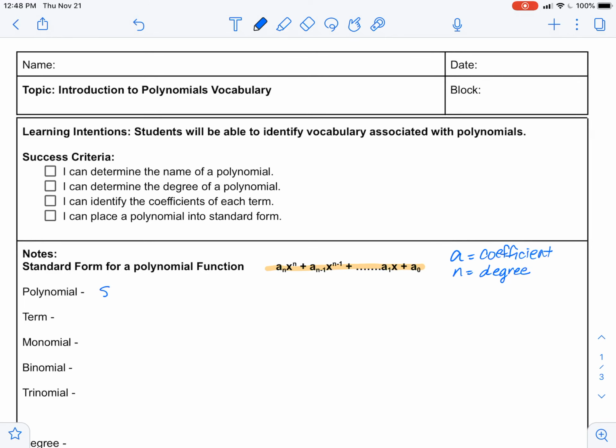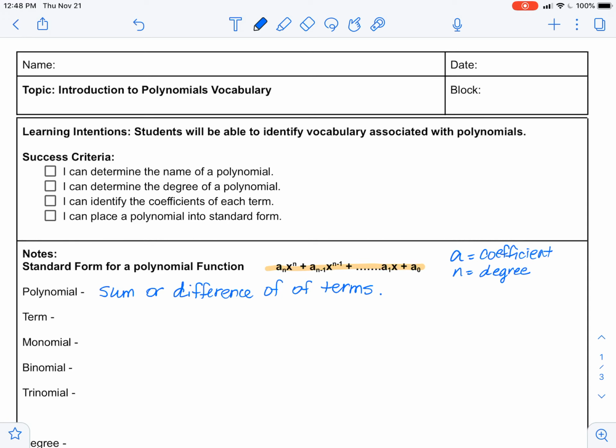It is the sum or difference of terms. And so, what is the term that we're going to be talking about?